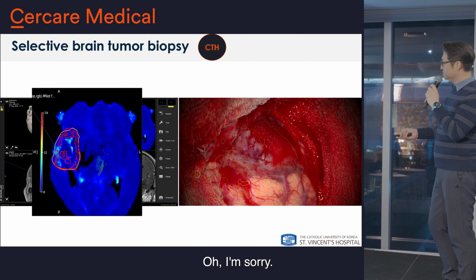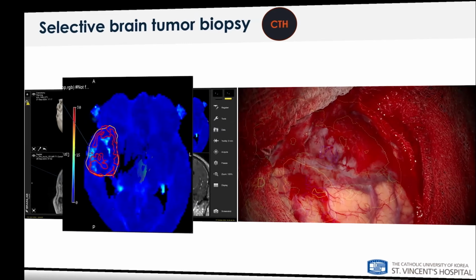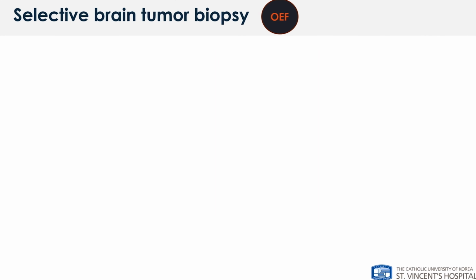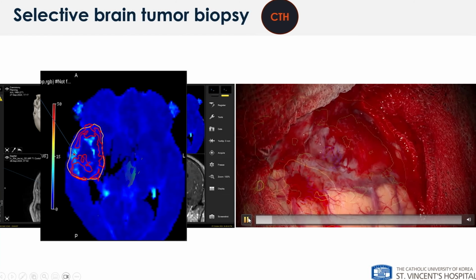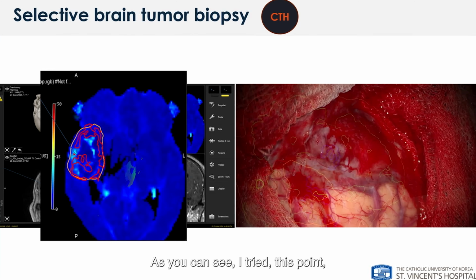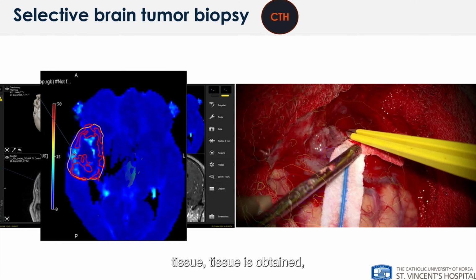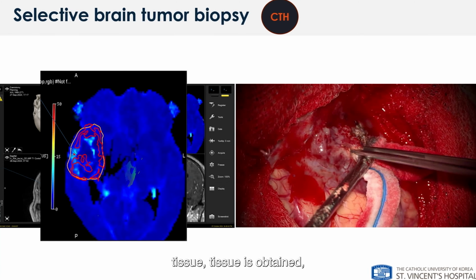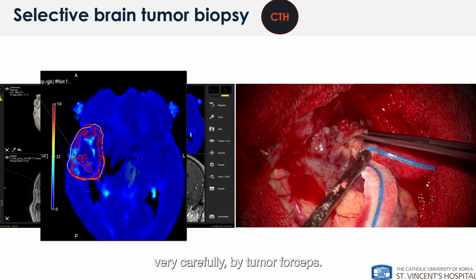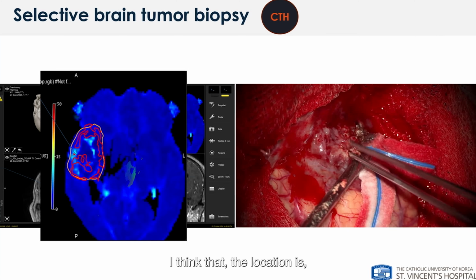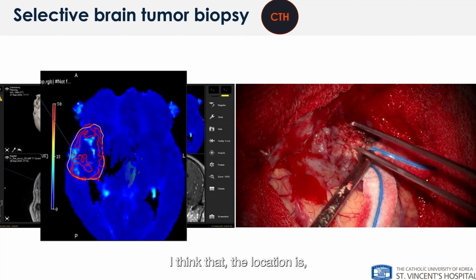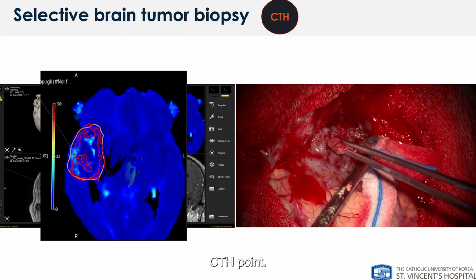Oh, I'm sorry. As you can see, I tried this point. Tissue is obtained very carefully by tumor forceps. I think that location is the CTH point.